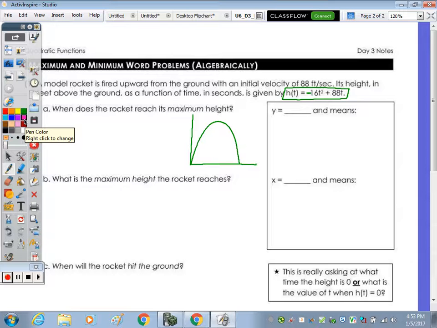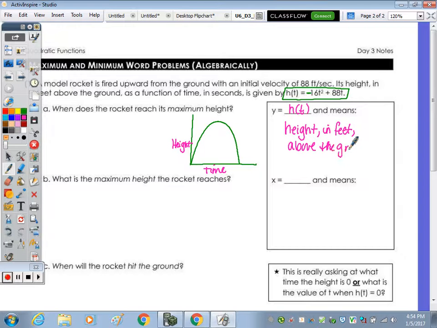Okay, so we have height, again, for our y, and then time. Okay, so our y to the right is our h of t, which means our height in feet above the ground, just as it says in the word problem.